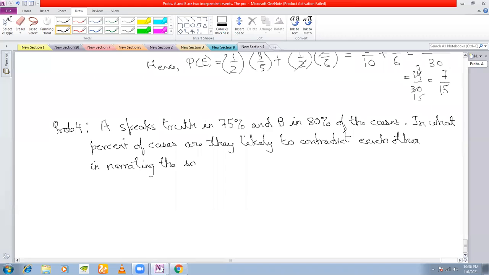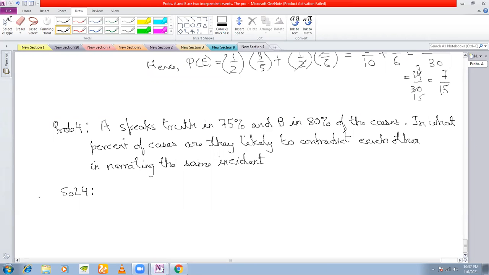Now tell me, first of all, identify what problem type this is. They will contradict, right? That is what you are asked to calculate. Suppose Govinda is there and Amir is there.